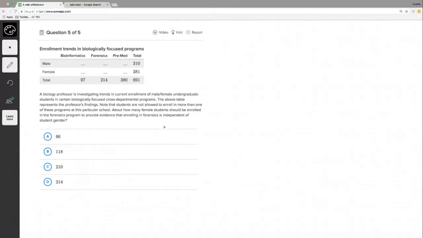If you're talking about forensics and male and female, and you want to say that choosing forensics is independent of gender, that means gender shouldn't affect anything, which means you shouldn't see a higher skewing of females to males in this class.